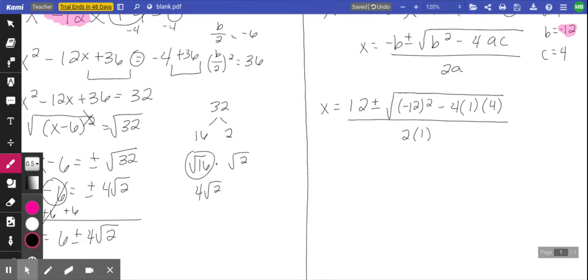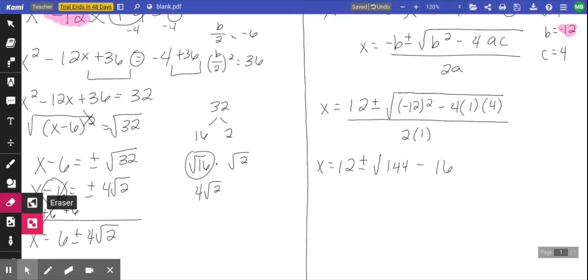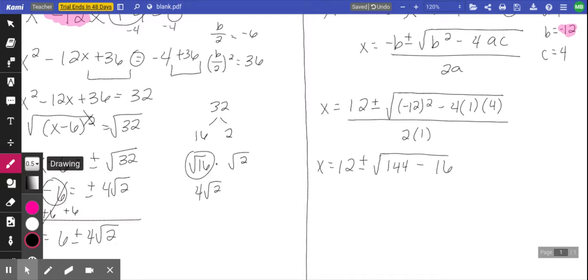Now I'm going to gradually simplify this. So I have x is equal to 12 plus or minus the square root of negative 12 times negative 12 is 144, minus 4 times 1 is 4 times 4 is 16. And all of that is being divided by 2 times 1 is just 2.